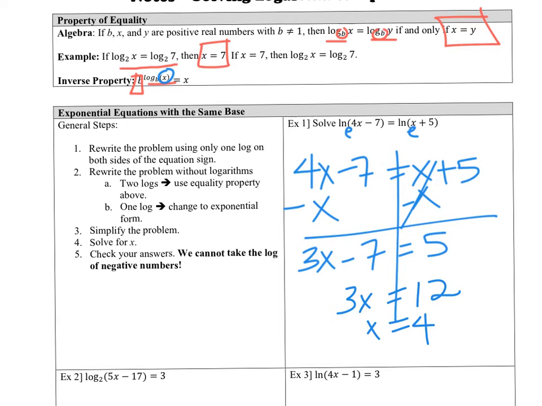If I go back to my original, I have natural log of 4 times 4, which is 16, minus 7, because I'm plugging in 4 here. That is not a negative number, so that's good. That's actually 9. And over here I have 4 plus 5, which is also 9. So it is a good solution.